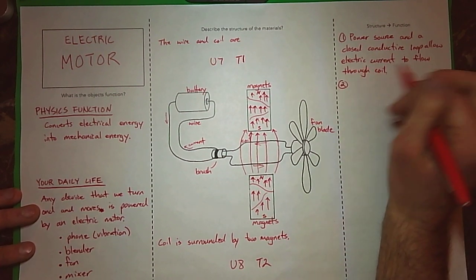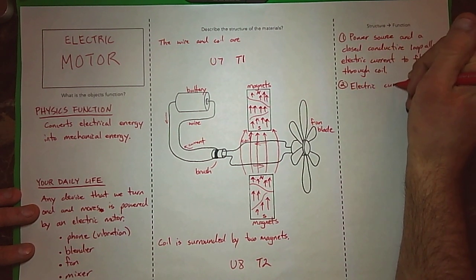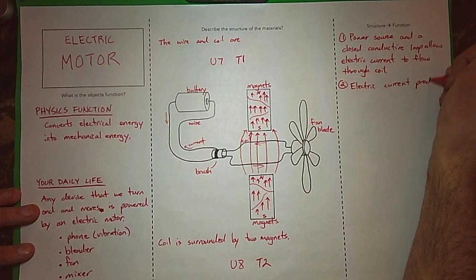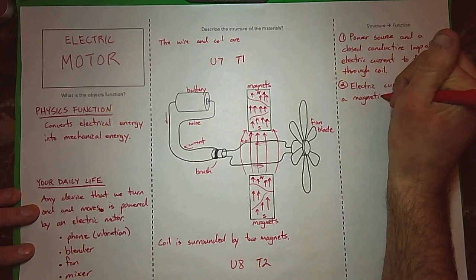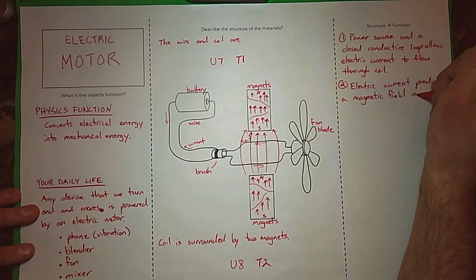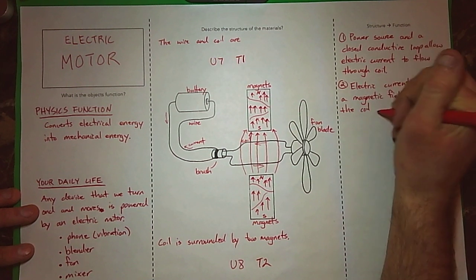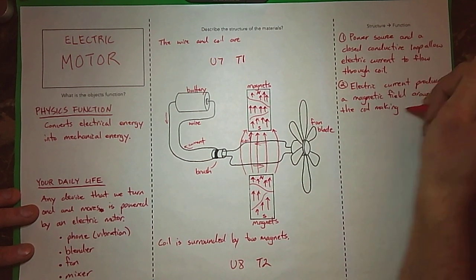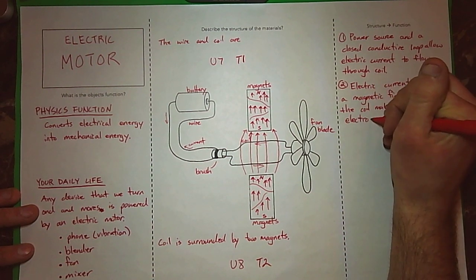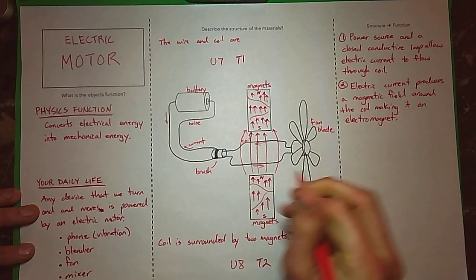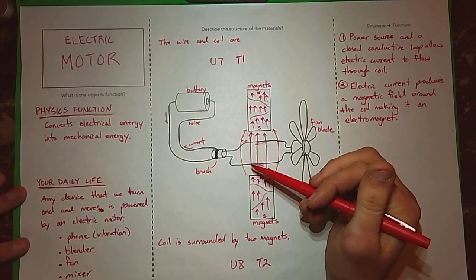So because I have this electric current flowing through my coil, I'm going to say electric current produces a magnetic field around the coil, making it an electromagnet. So by running electricity through this coil, it is now a temporary magnet. It's an electromagnet. All right.